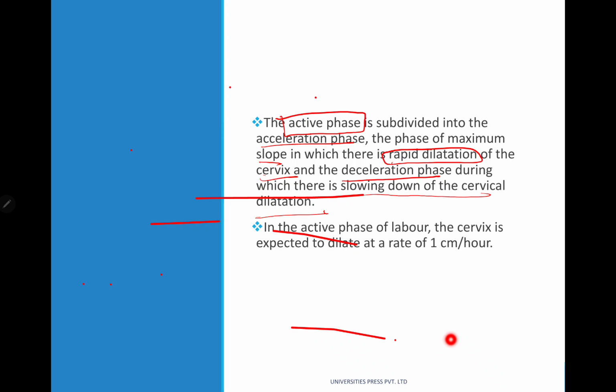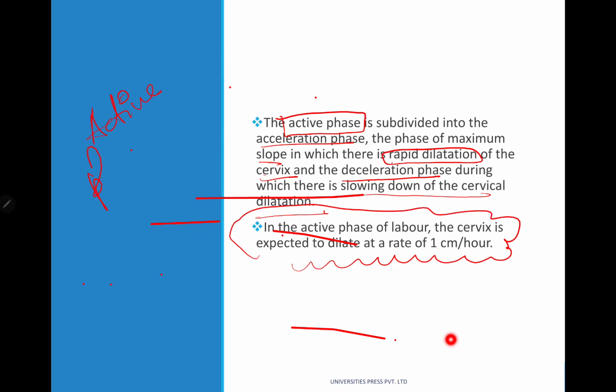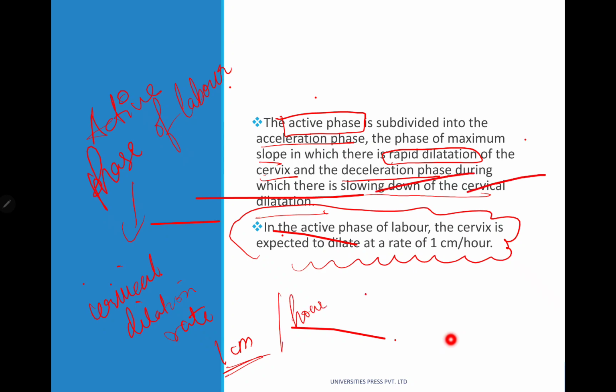The active phase in labor is expected to dilate at a rate of 1 centimeter per hour. Very, very important MCQ: in the active phase of labor, the cervical dilatation rate is 1 centimeter per hour.